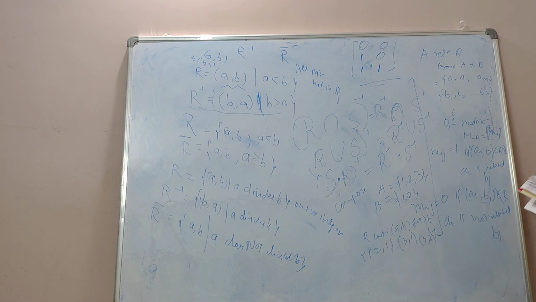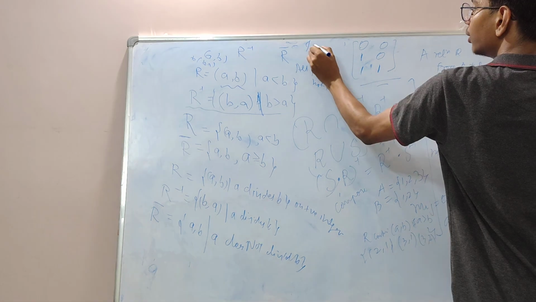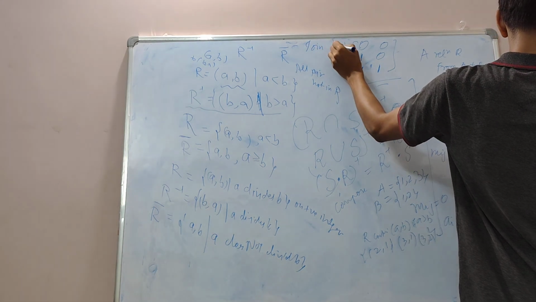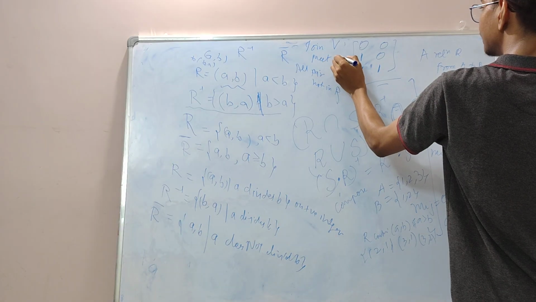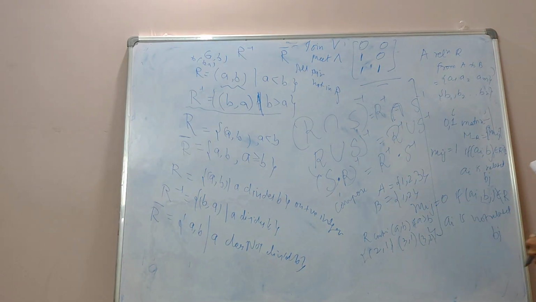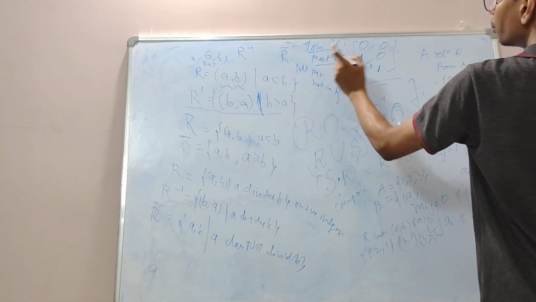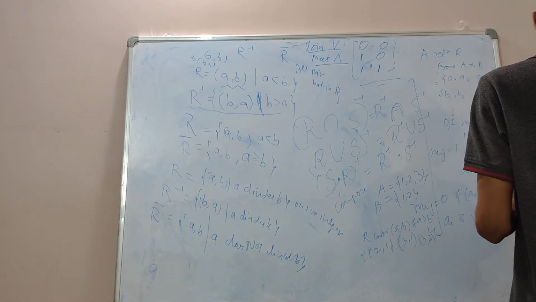Now, what do join and meet mean? Join means OR, meet means AND. Just like we add or subtract two matrices, we can join or meet two matrices.